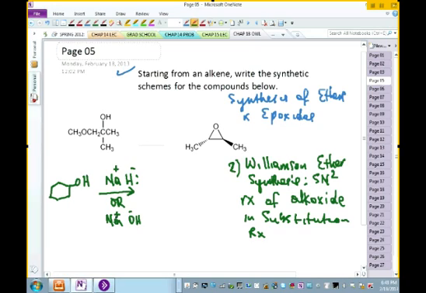Now, what do you think the sodium hydride will do first? It will pull off, abstract the proton from this alcohol, right? Thereby releasing this pair of electrons to oxygen.